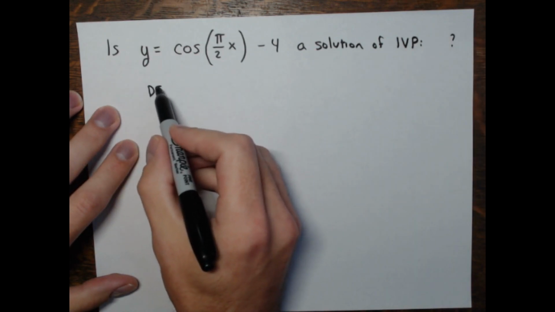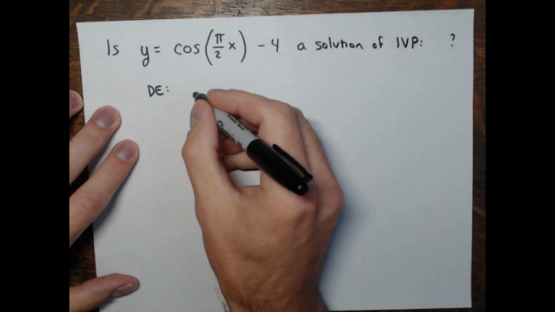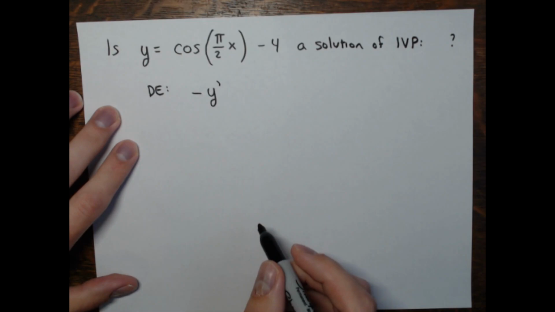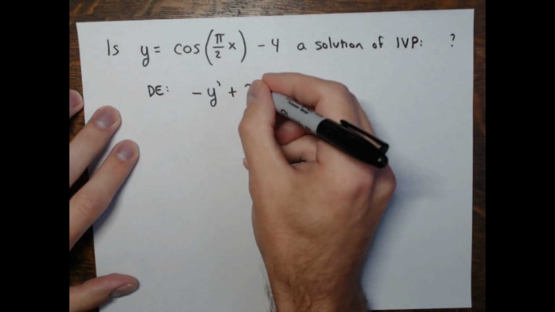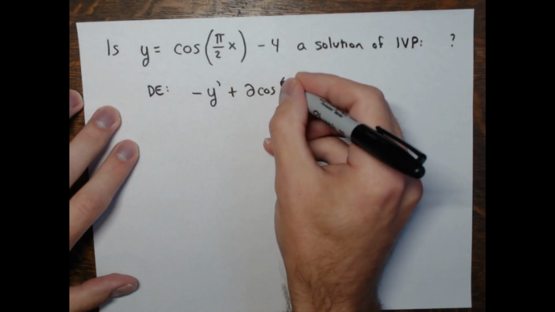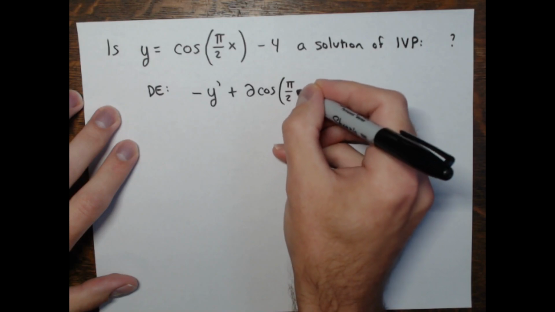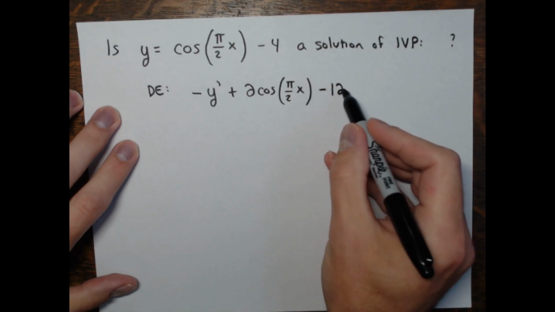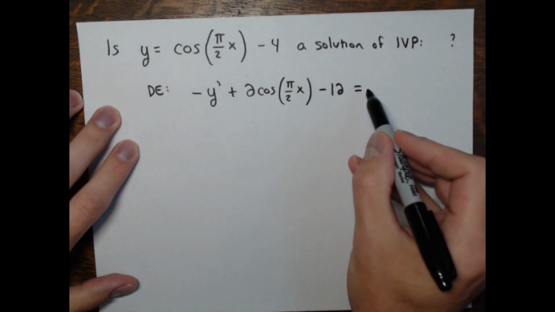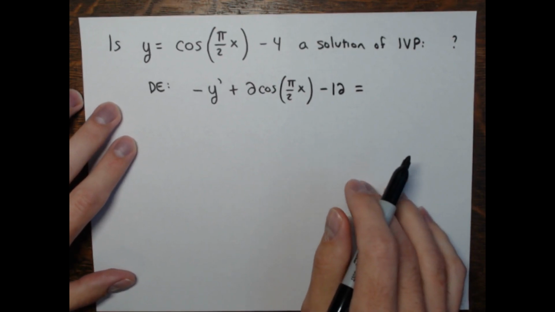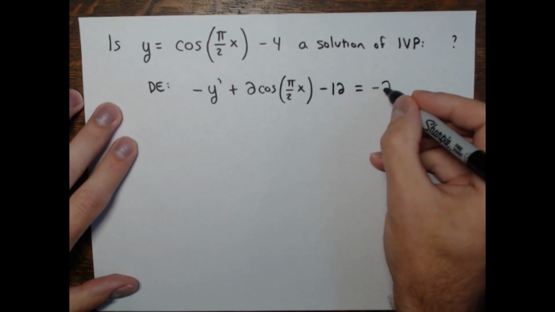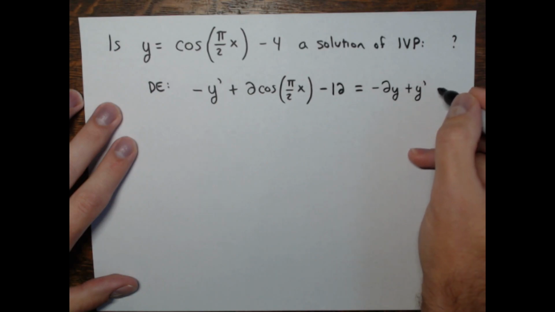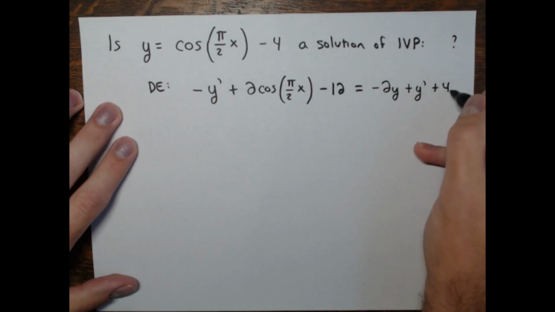Now the differential equation we're given, we got the opposite of y prime, so negative 1 times y prime, plus 2 times the cosine of pi over 2 times x, or pi x over 2, then minus 12, that's the left side, equals negative 2y plus y prime plus 4.